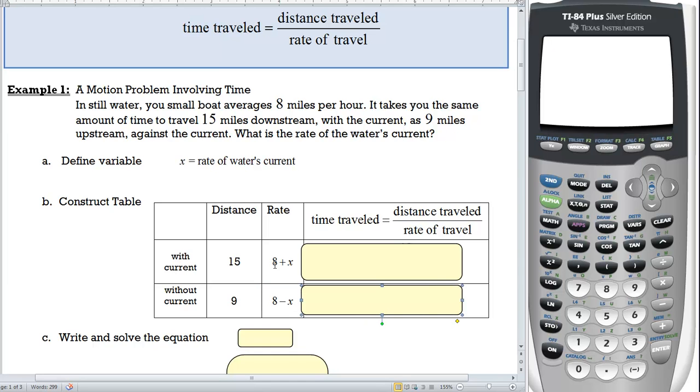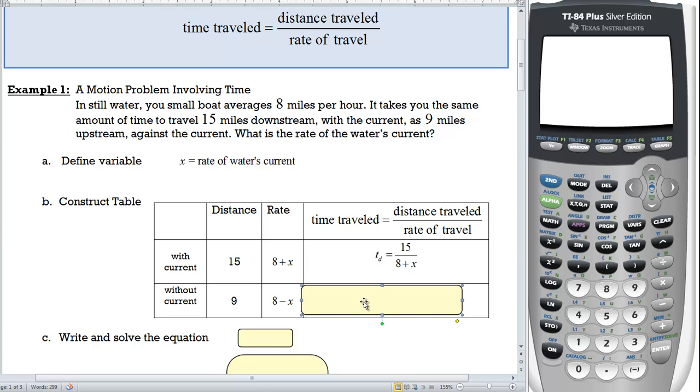So I've got to have the 8 in front, because in this one I'm being aided and in this one the current is fighting me. So the time traveled: let me make my little distance over rate of travel. I'm going to have 15 over 8 plus x, with a little t sub d where this is going downstream, so I know I'm going with the current.